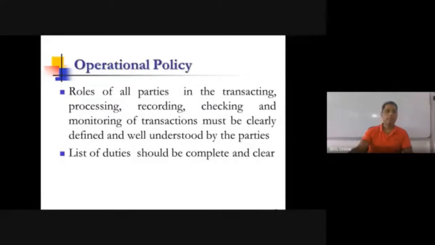So again, operational policy, same with the back office and functions. Everything has to be recorded, processed, and monitoring of trades must be clearly defined and well understood by the parties. And like Ruchira was asking, it has to be well documented in your process manuals or in any of those other documents that tell you how to deal operationally.